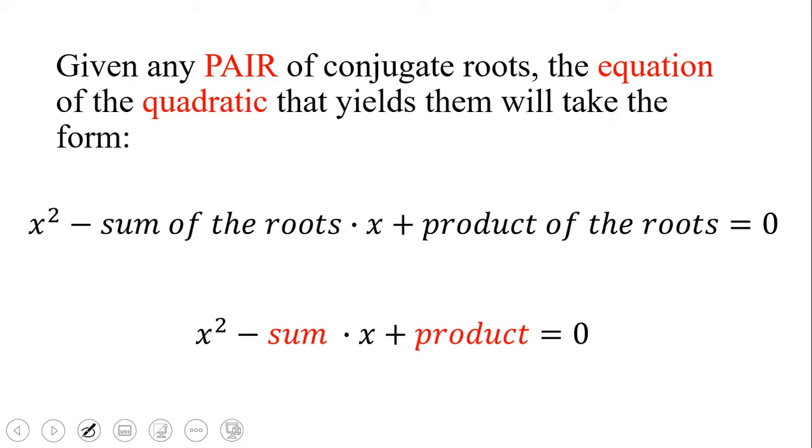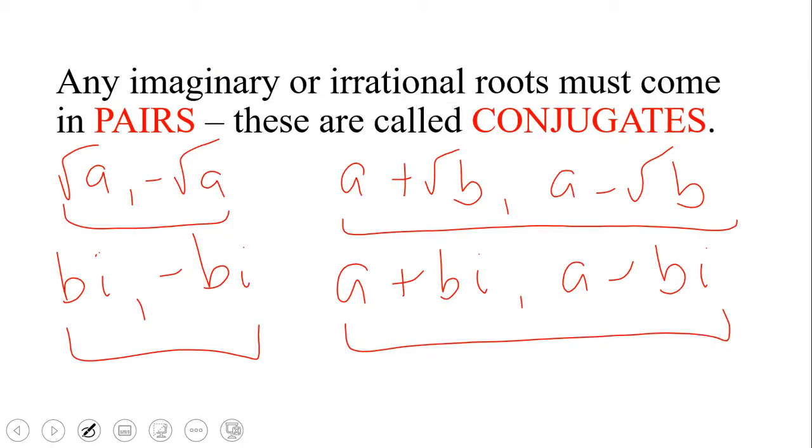And again, just to explain that first in layman's terms, if you're telling me that the square root of 5, for example, is a solution, that means that negative square root of 5 has to be a solution. What is the quadratic that gives me those two solutions? If I say that 4 plus 3i is a solution, automatically 4 minus 3i has to be a solution. And again, you're trying to find the quadratic that has these two things as an answer.